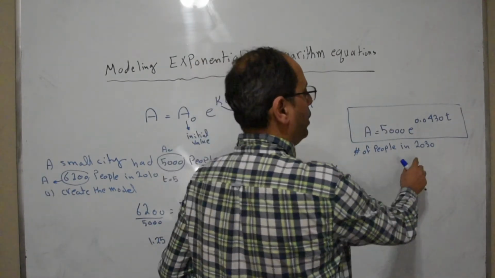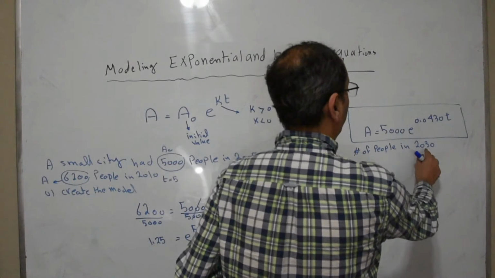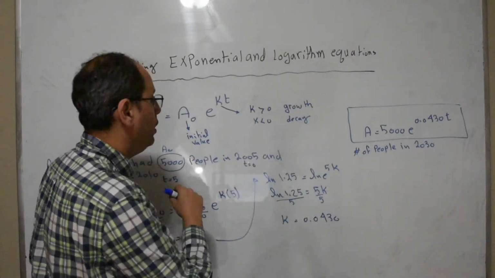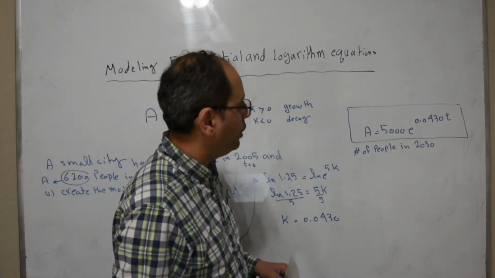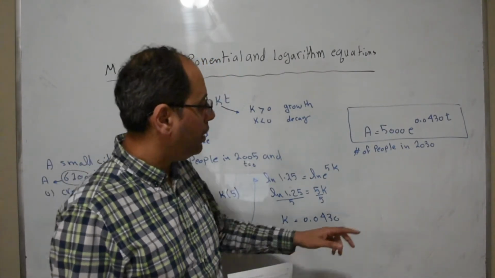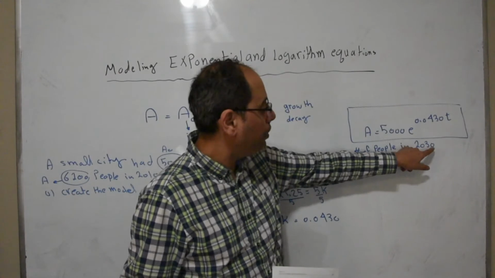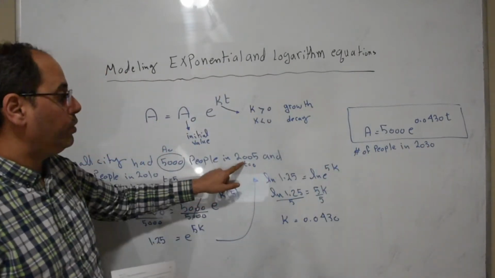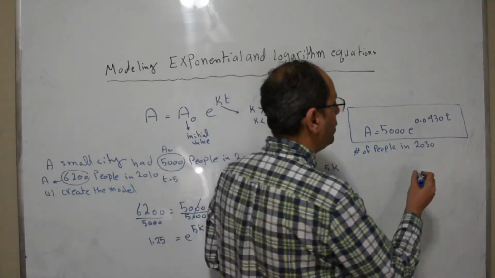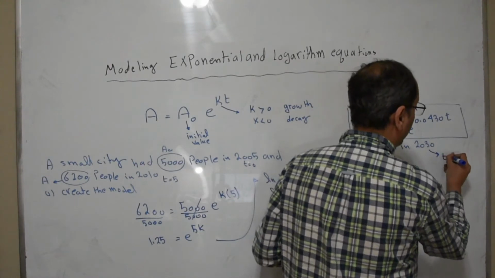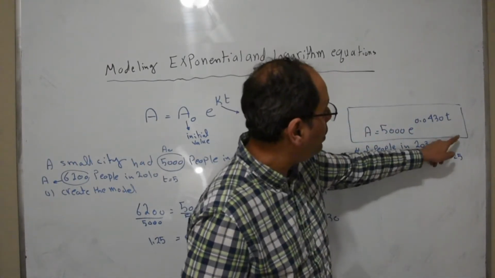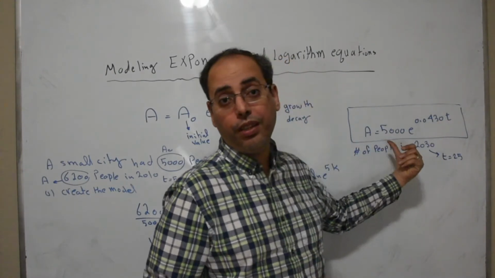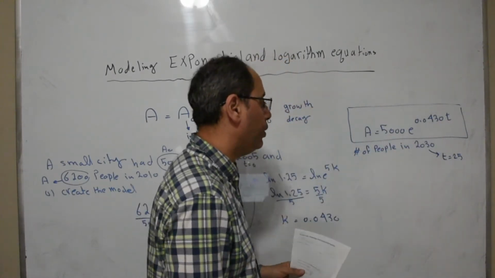First of all, I need to convert 2030 to t. So how much is t in the year 2030? The easiest way to do that is to subtract 2030 minus 2005. And now I get t is 25. Now I plug the 25 here and compute A, and this is the answer to the question.